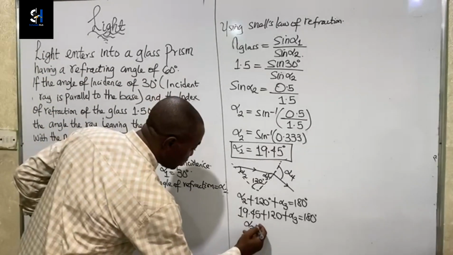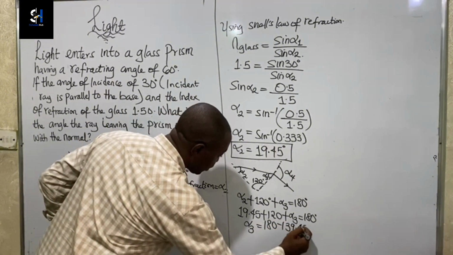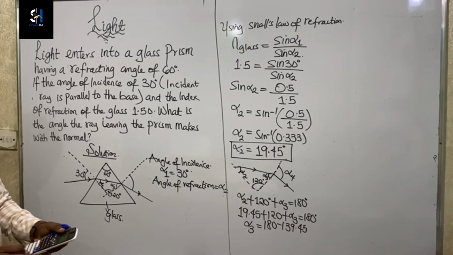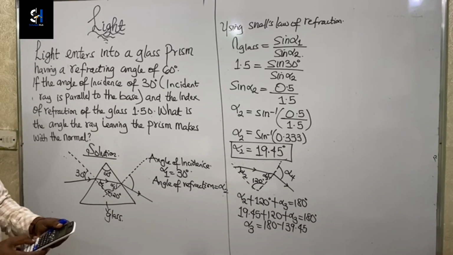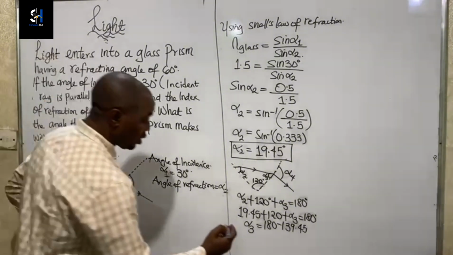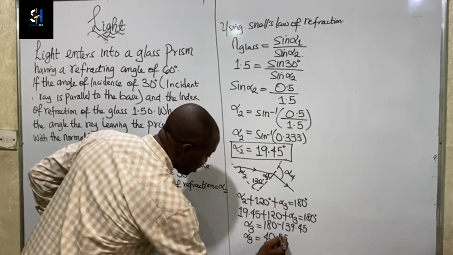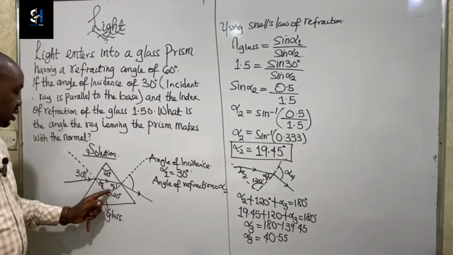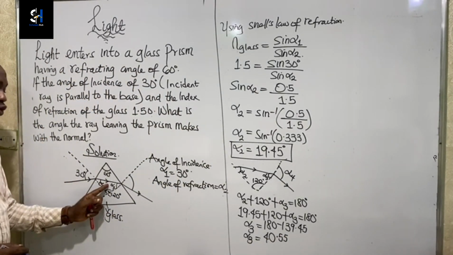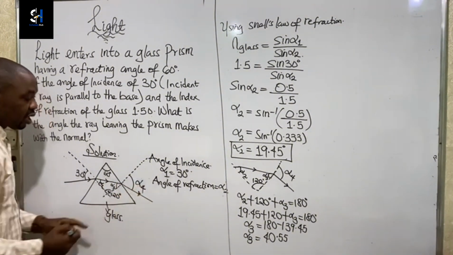So alpha 3 will be 180 minus 139.45, so that will be 40.55. So alpha 3 equals 40.55. So that is this angle. Now, remember, this is the refracted ray.